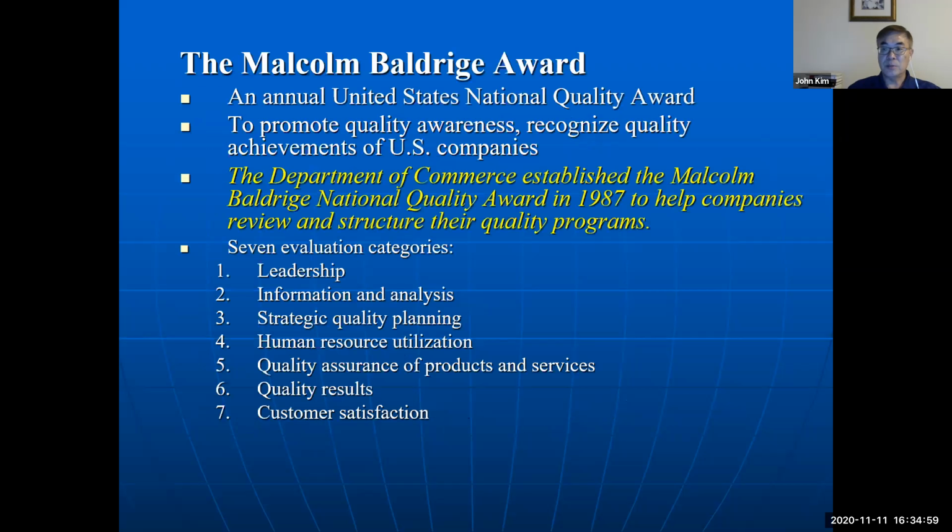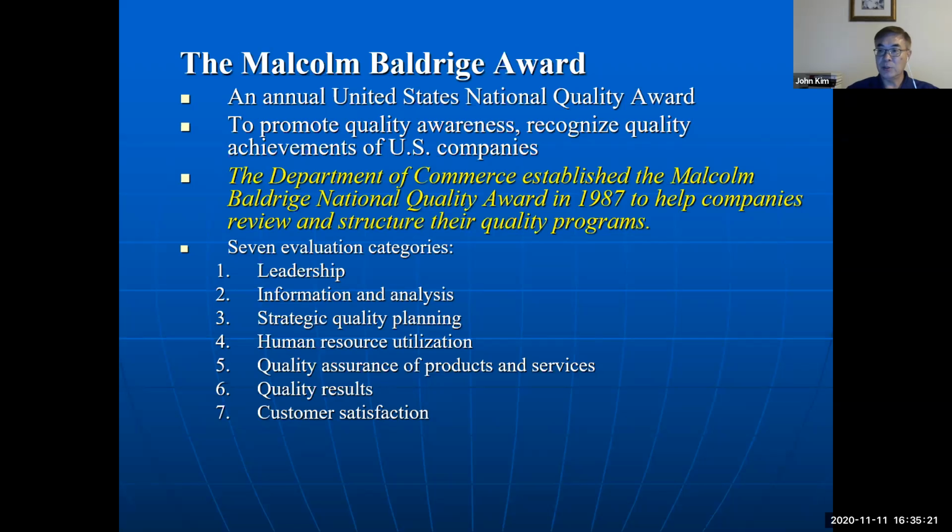The Malcolm Baldrige Award, especially for US companies. Earlier, many companies from other countries came into the United States, and relatively US companies' quality was lower.